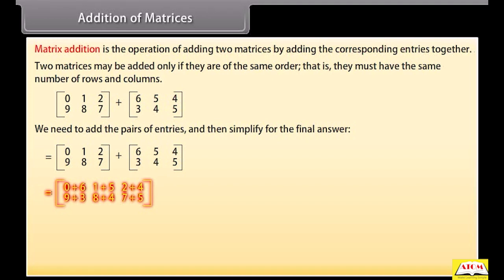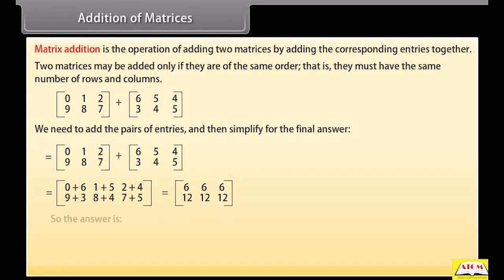Second row 9 plus 3, 8 plus 4, 7 plus 5 is equal to row-wise first row 6, 6, 6, second row 12, 12, 12. So the answer is row-wise first row 6, 6, 6, second row 12, 12, 12.